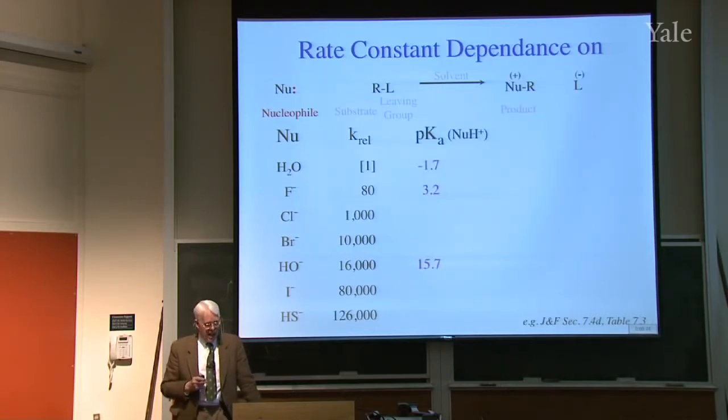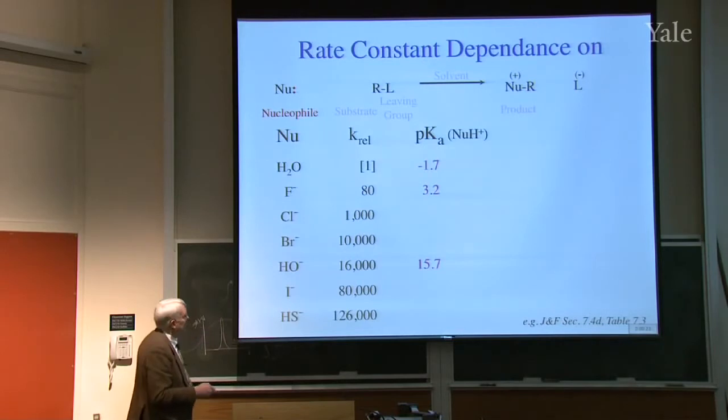How about the pKa's? Well, here, if we look at this, water as a leaving group, fluoride and hydroxide, you see that indeed, as it gets to be, wait a second, as it gets to be a stronger acid, it's slow.